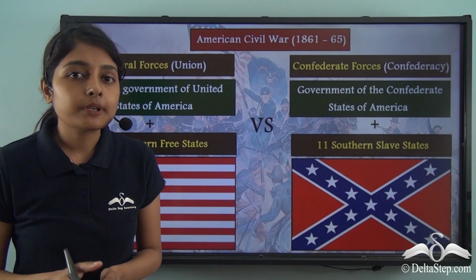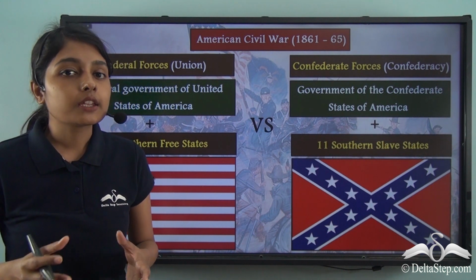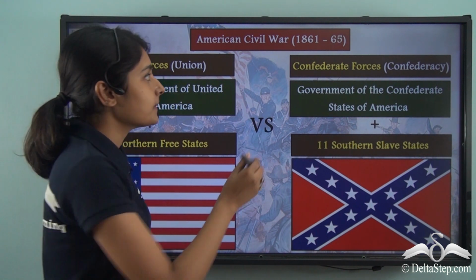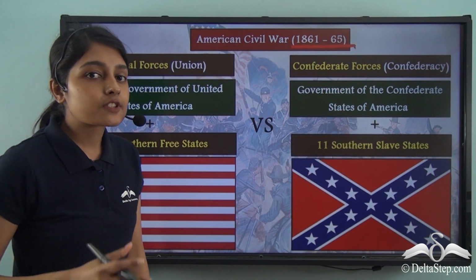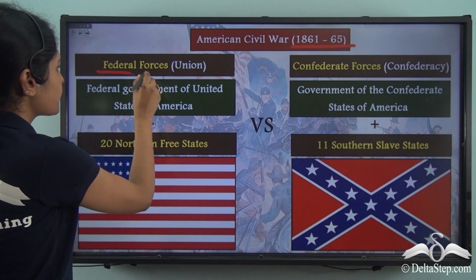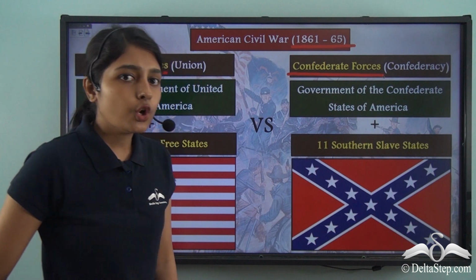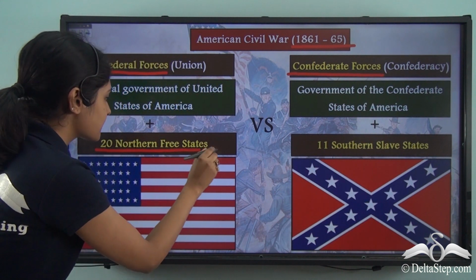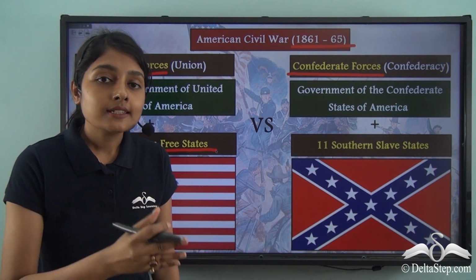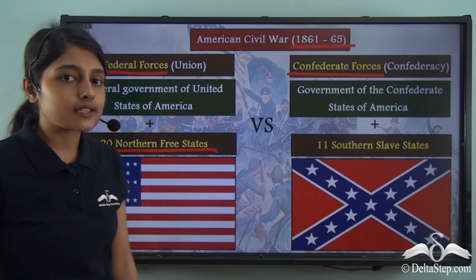As a quick recap, let us go over the details of the American Civil War once again. The American Civil War lasted from 1861 to 1865, and it was fought between the Federal forces on the one hand and the Confederate forces on the other hand. Who made up the Federal forces? The 20 northern states who were anti-slavery and pro-abolition made up the Federal forces.